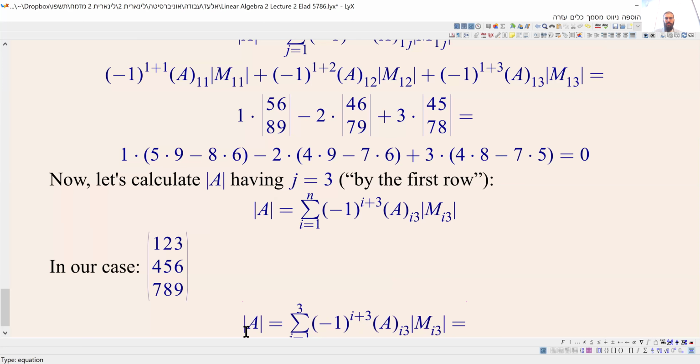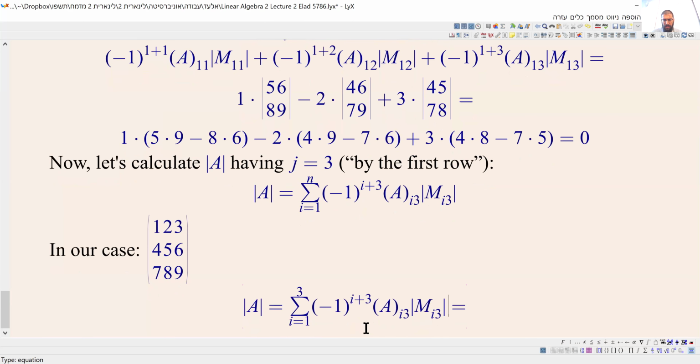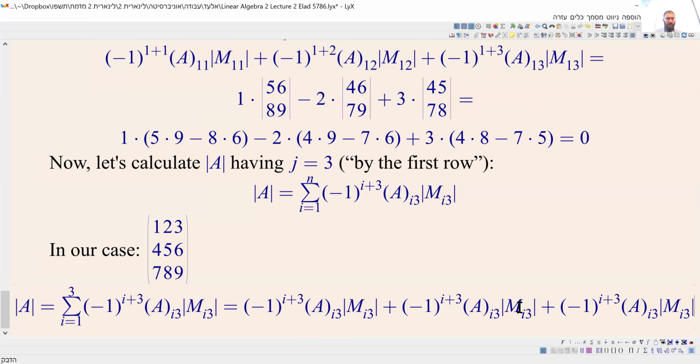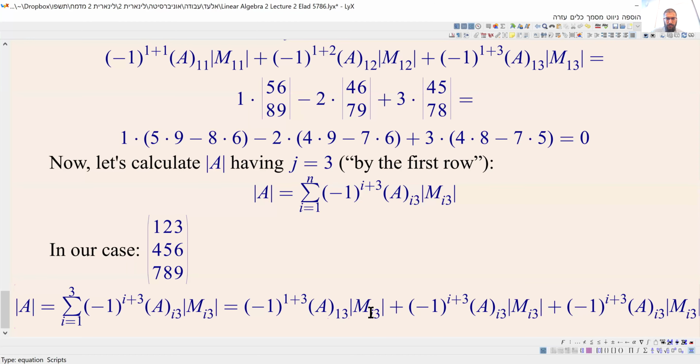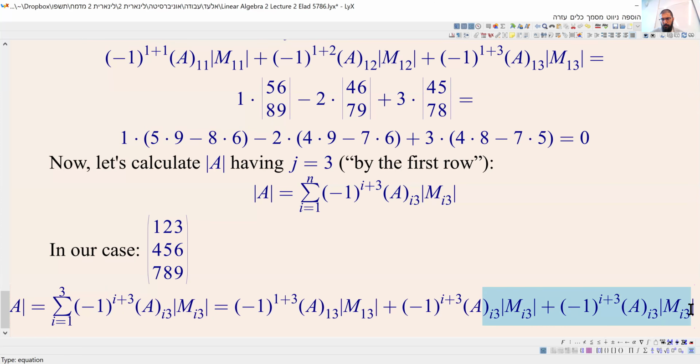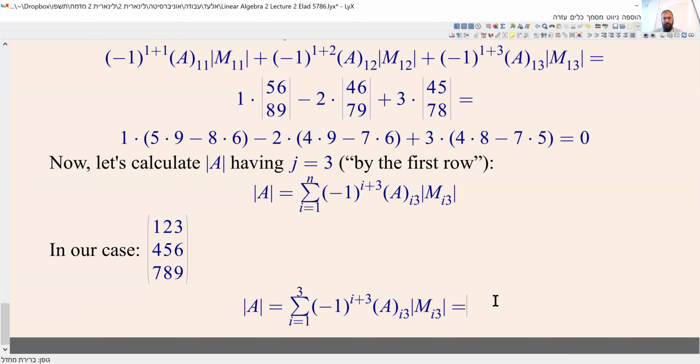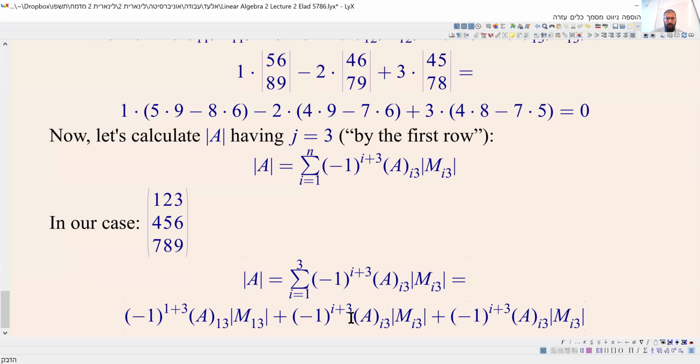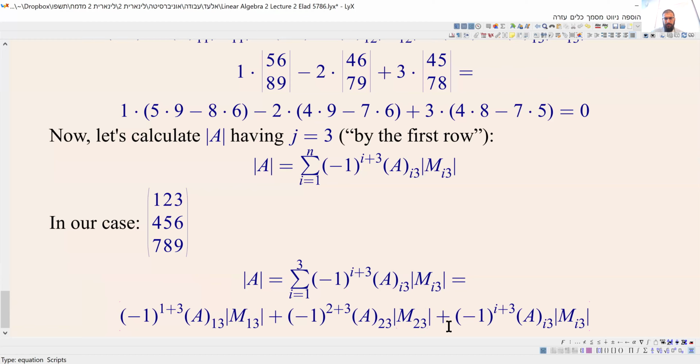Yet again, we have 3 components here. And I write it down very slowly, very lengthy. You don't have to do it when you calculate the determinant. Here it's in one line. We have I equals 1. So write it down in different lines as well: I equals 1 and I equals 2 and I equals 3.